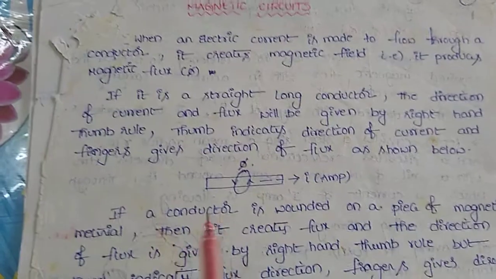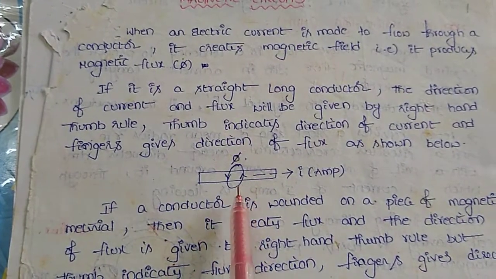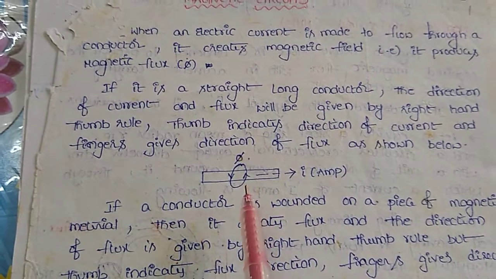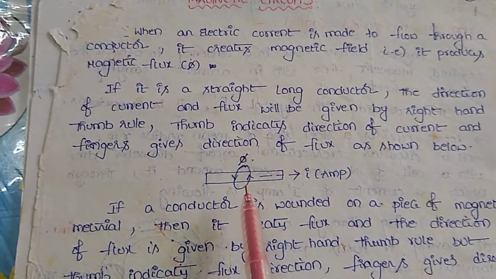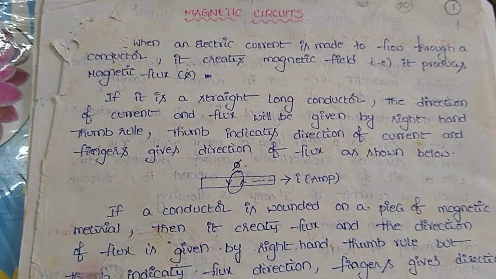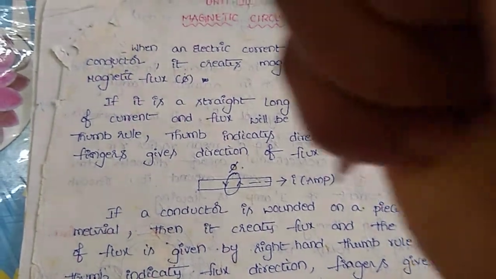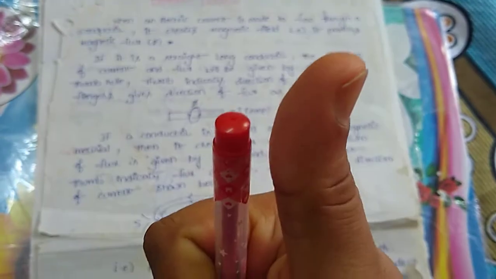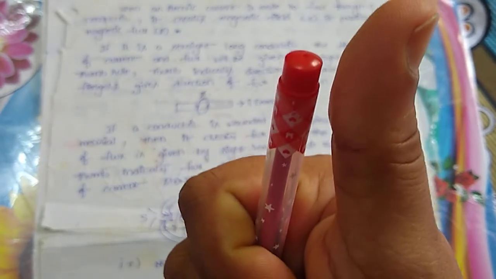So how do we know the direction of magnetic flux lines in a conductor? It is indicated by the right hand thumb rule. For example, if we hold a conductor with our right hand, the thumb indicates the direction of current.